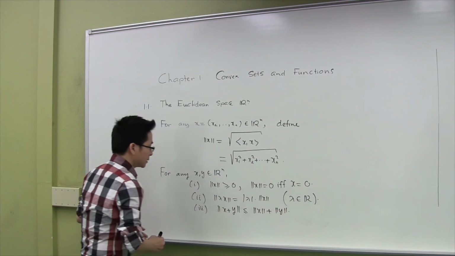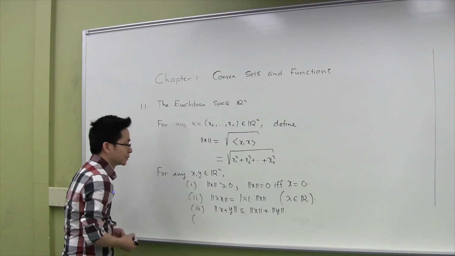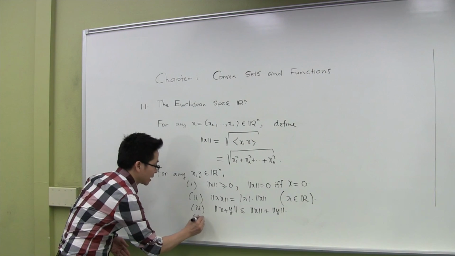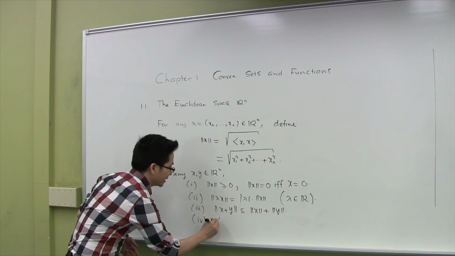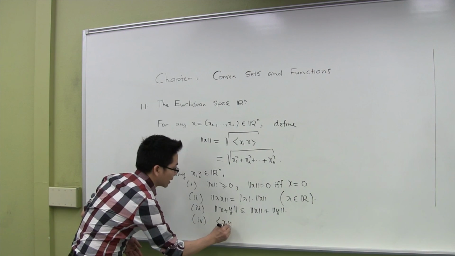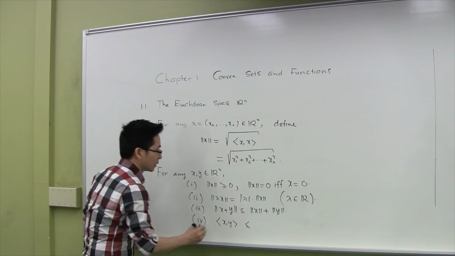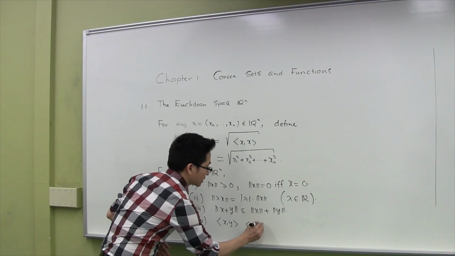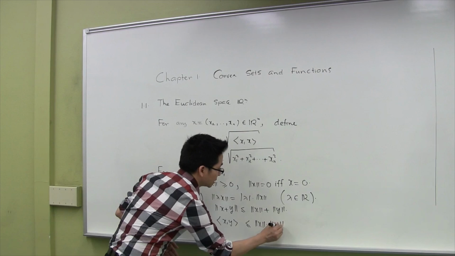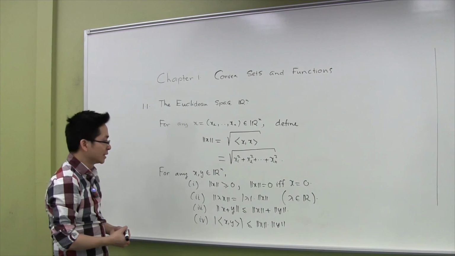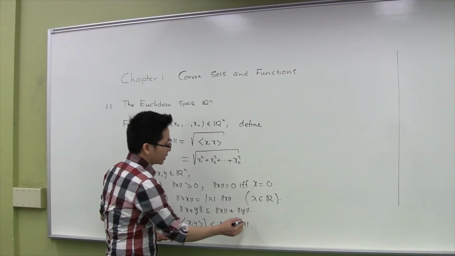Okay, and finally, the Cauchy-Schwarz inequality is satisfied. That means the inner product of x and y is always less than or equal to norm of x times norm of y, and this is true for the absolute value of the inner product of x and y as well.